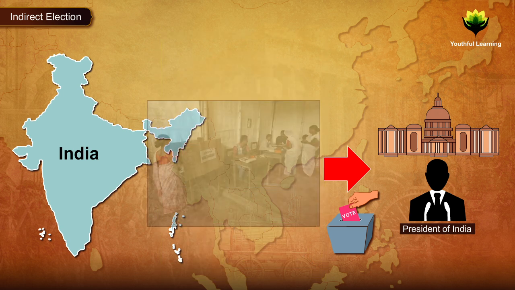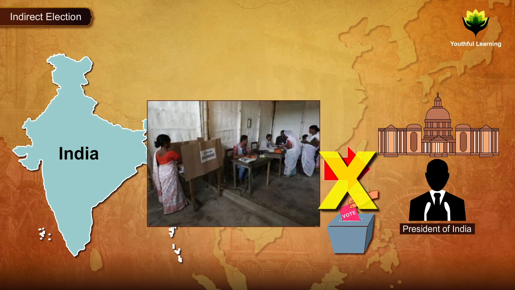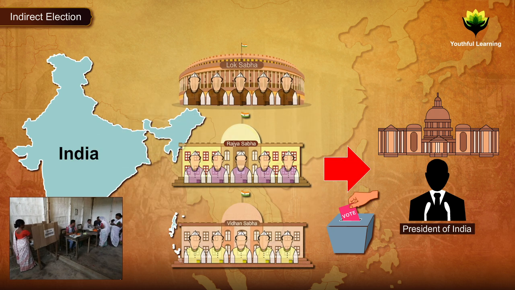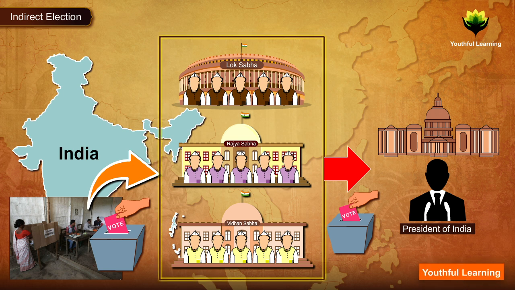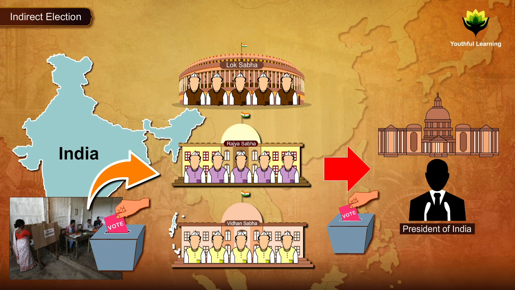In other words, the people of India don't directly vote and elect the President. Instead, the people's representatives vote for the President on behalf of the citizens. Thus, the citizens indirectly participate in the election of the President.